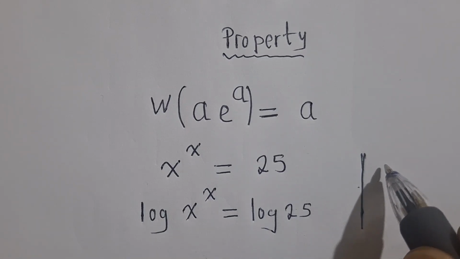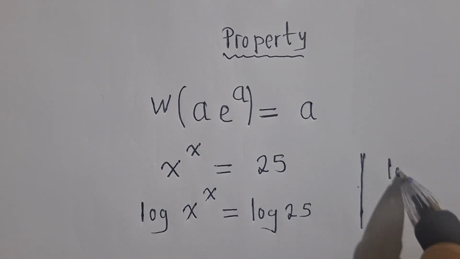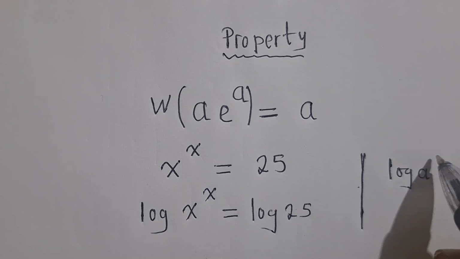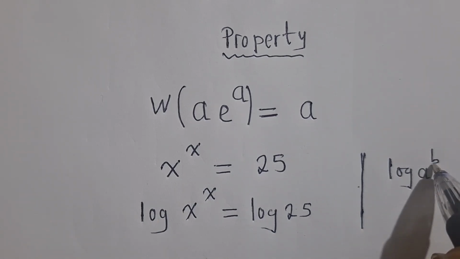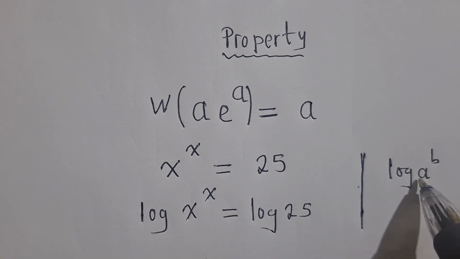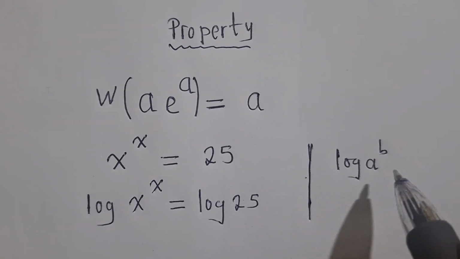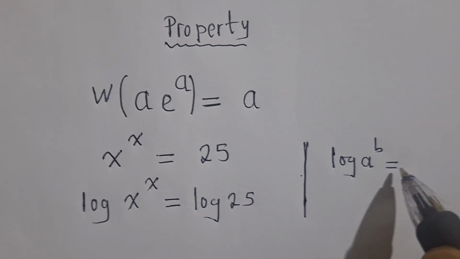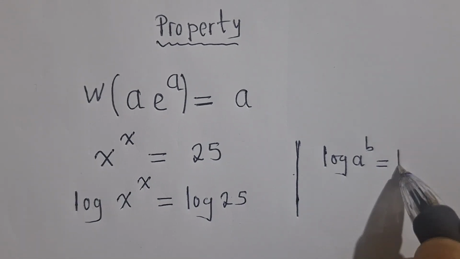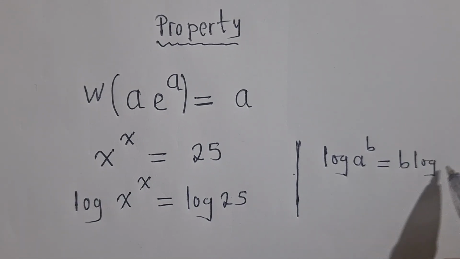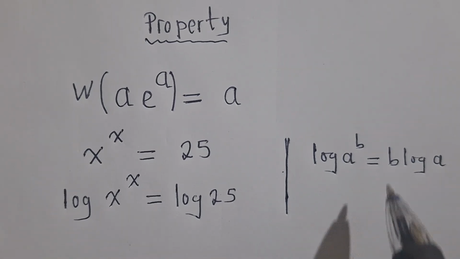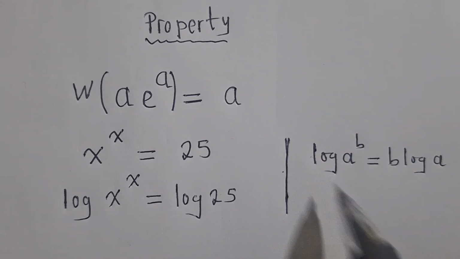Now what happens with logs is that, when I've got log of a to the power b, the moment I introduce the log, this power will come in front here. So it will look like this, equal to b log a. You can see what has happened: the powers come right over here.